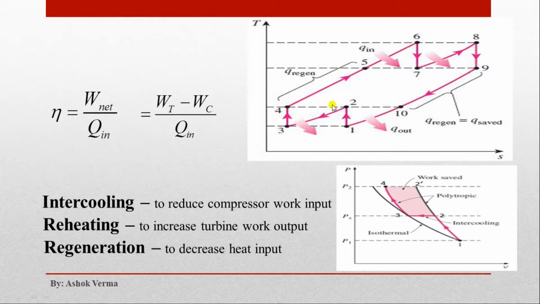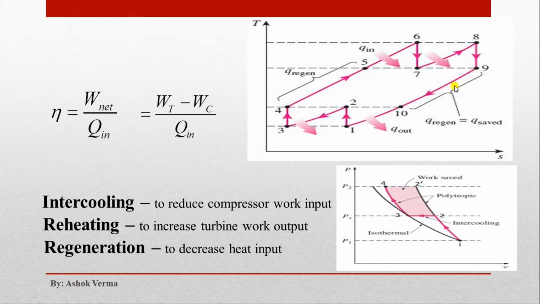So if you use regeneration, to use this heat: after the expansion from the second stage, the air goes to the compressor again by cooling, by heat rejection, meaning 9 to 3 will be heat rejection at constant pressure.